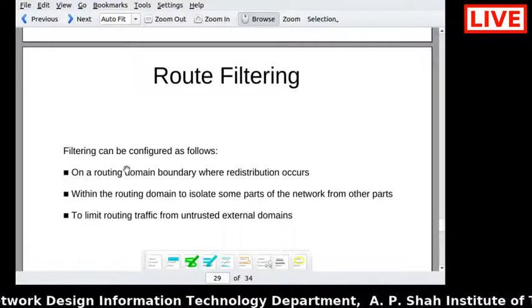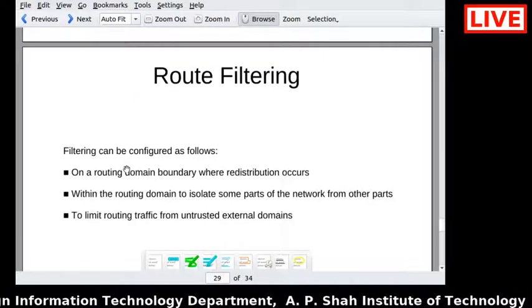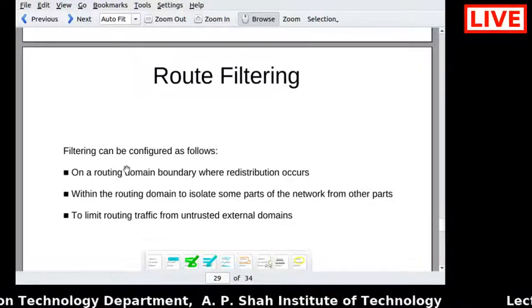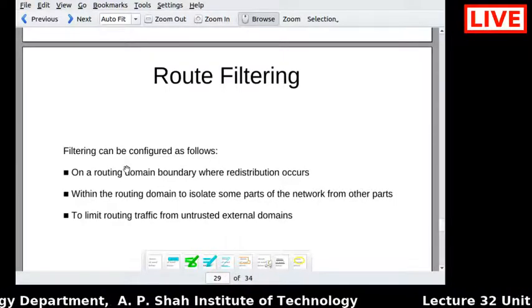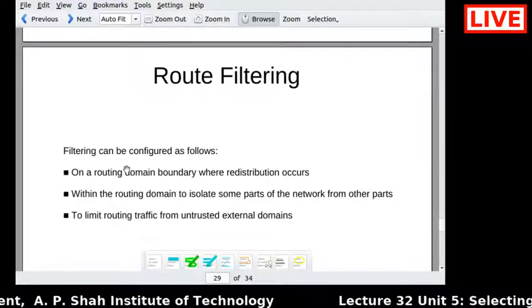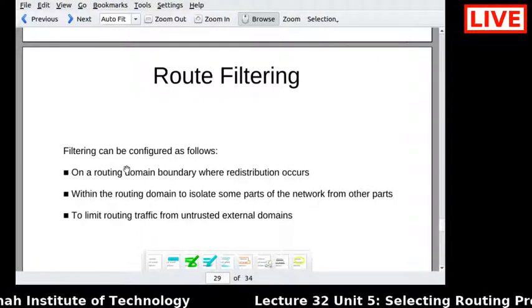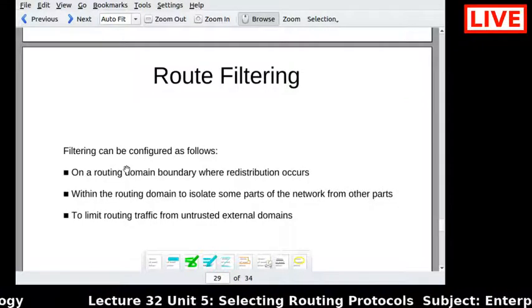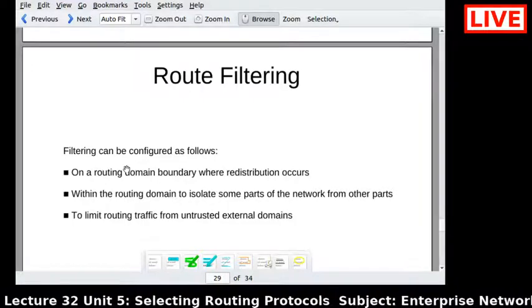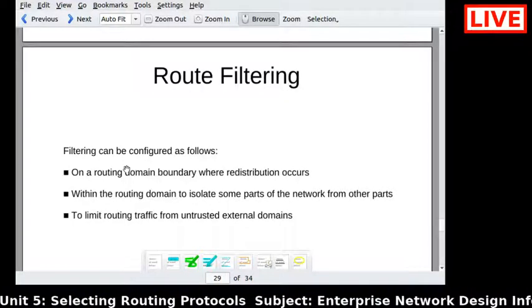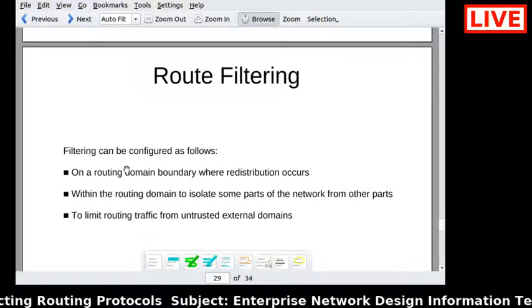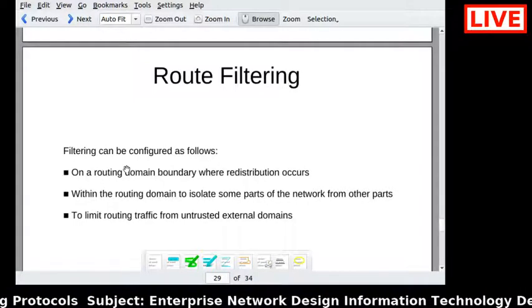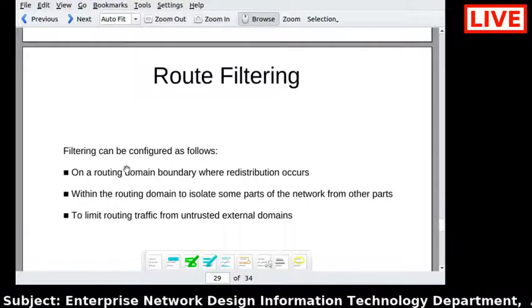Route filtering will be required whenever we want to redistribute routes. Route filtering can prevent the advertisement or acceptance of particular routes through the routing domains, so for preventing this kind of advertisement, route filtering will be required.